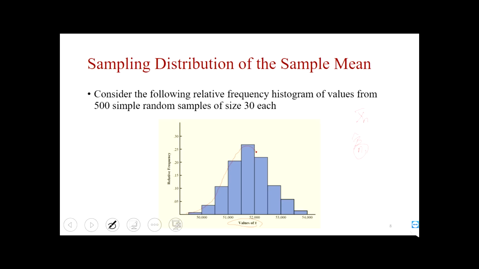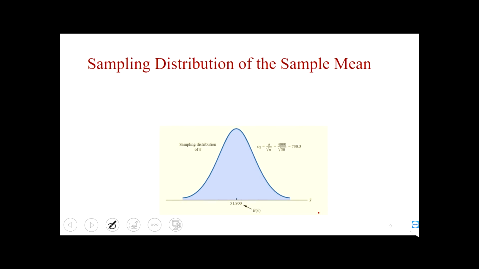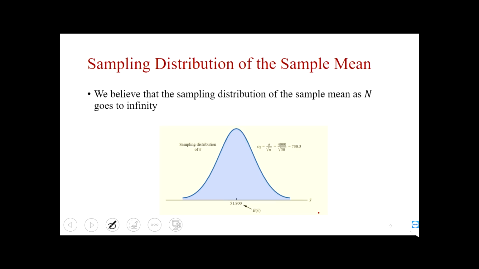If we estimate and smooth this, the more data you have, the more smoothed it gets. So here is the smoothed version, and we believe that the sampling distribution of the sample mean as n goes to infinity will approach what? The population mean, right?